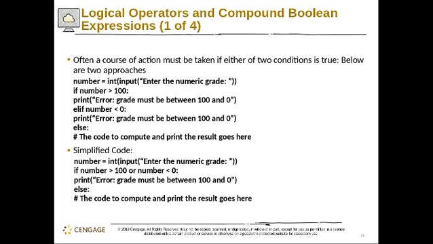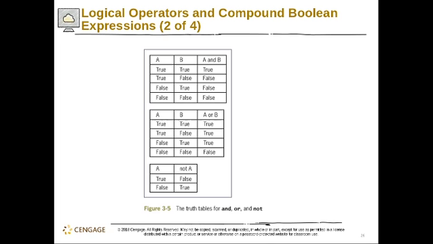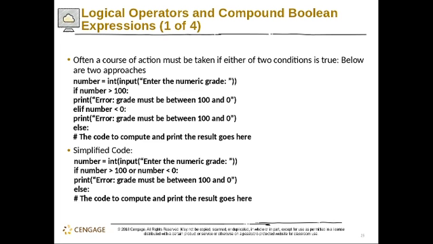Otherwise, if the number is less than 0, if you give a negative grade, again, it will give you the error. So that is your statements. Another way to do that is, instead of having another ELIF statement here, we'll just state that because we have two conditions, the grade must be between 100 and 0.